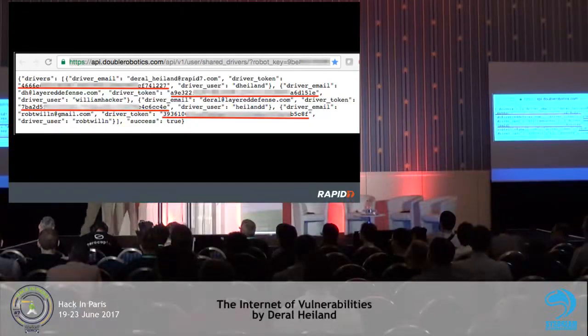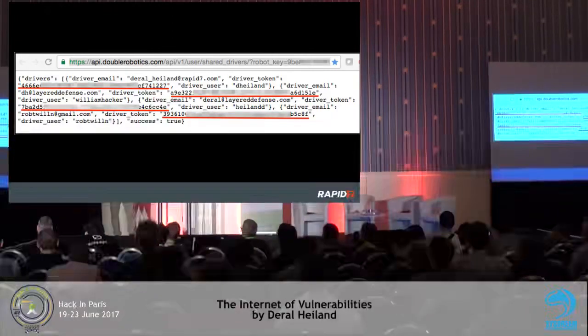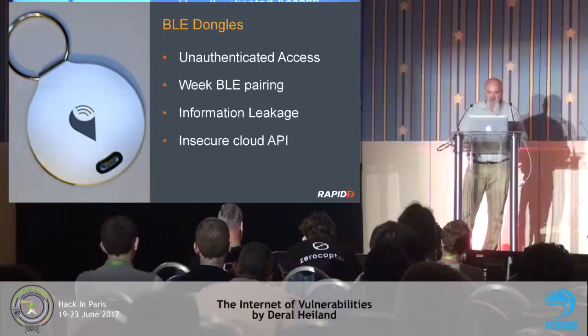That driver token is nothing but the web management session token for every connection to the robot, giving you the ability to completely take over the robot over the internet. So with a disgruntled employee, he walks over to the robot, you can basically pull his data off of it. Now he can control that robot no matter where he goes, until they deregister the robot. So some interesting findings there.